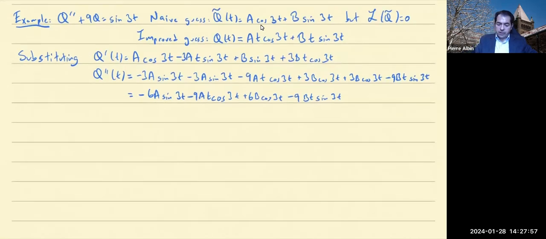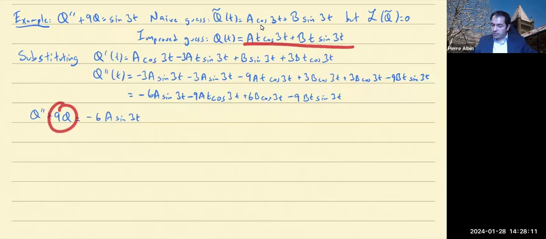Okay, so then if we compute q double prime plus 9q, we get minus 6a sine of 3t. Then this 9q, so 9 times this is going to cancel this term and it's going to cancel this term. So we're just going to be left with that one now. So plus 6b cosine of 3t.